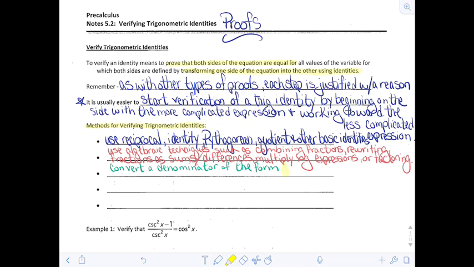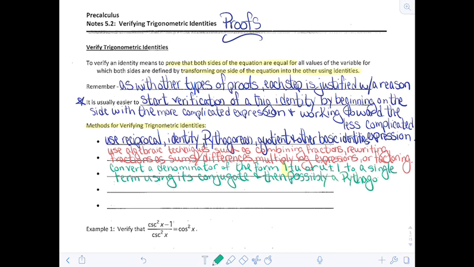If we have the form 1 plus or minus u, or u plus or minus 1, to a single term, using its conjugate, and then possibly a Pythagorean identity.